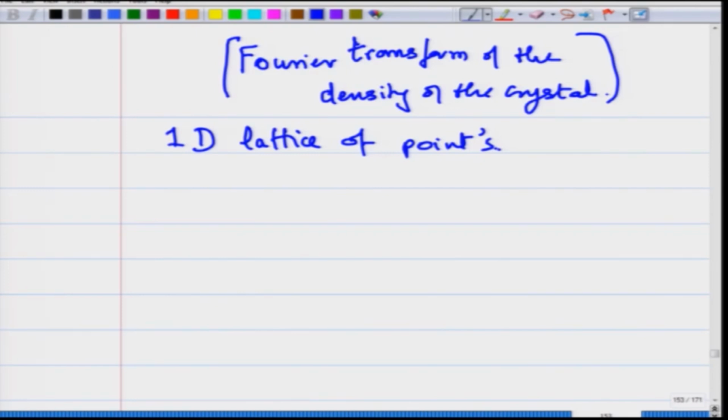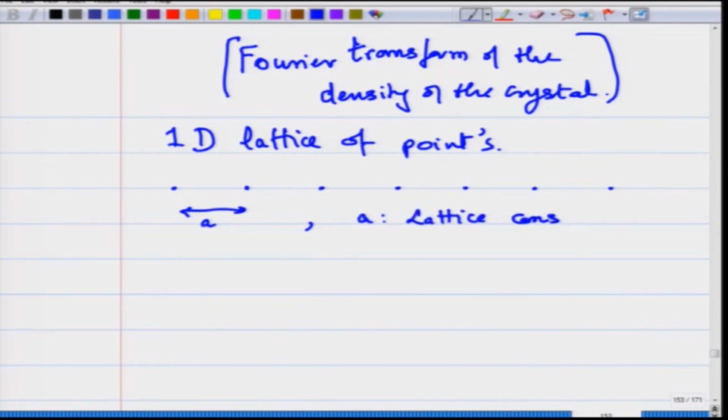So, what is a one dimensional lattice of points or a one dimensional crystal? A one dimensional lattice of points is points which are periodically arranged in one dimension. So, this is a 1D lattice of points where A is the lattice constant.